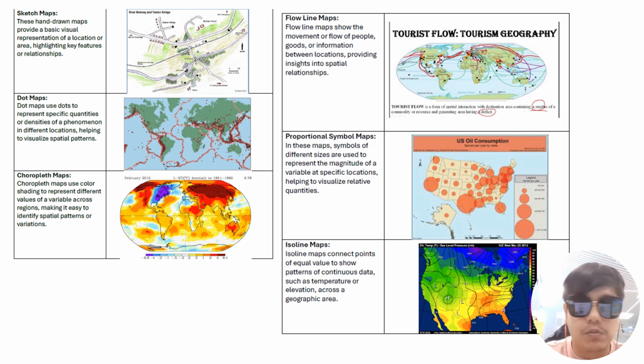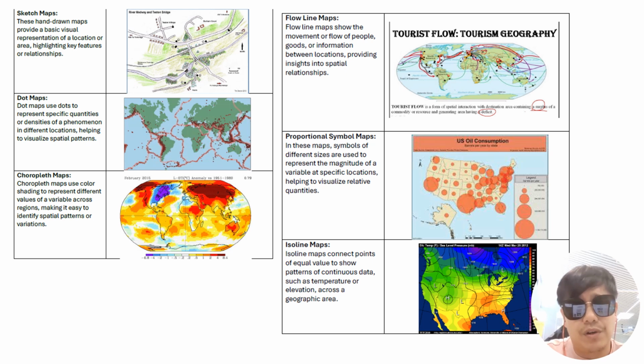Next, we look at dot maps. This is an example of a tectonics dot map, and dot maps usually use dots to represent quantity, perhaps in this case how many times earthquakes have happened, or these dots represent the volcanoes along the plate boundaries. The more dots there are, the more times of occurrence.